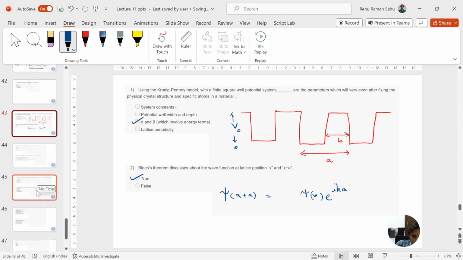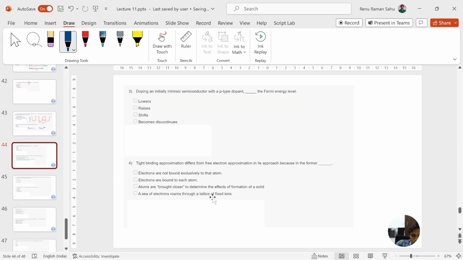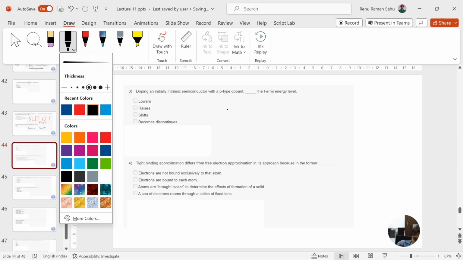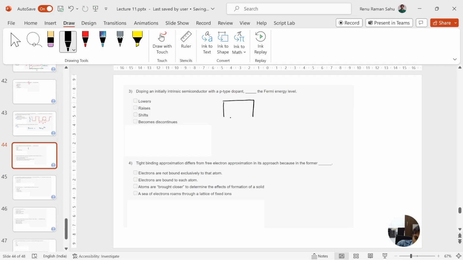Now we'll discuss this. Doping. I hope you remember we just discussed. With a p-type dopant, the intrinsic Fermi level will look something like this, no? I'll just draw here again.